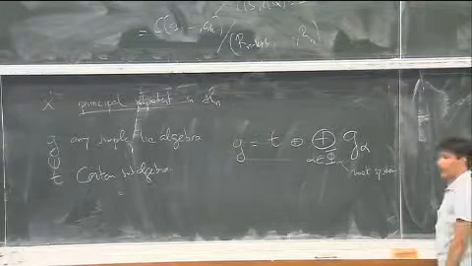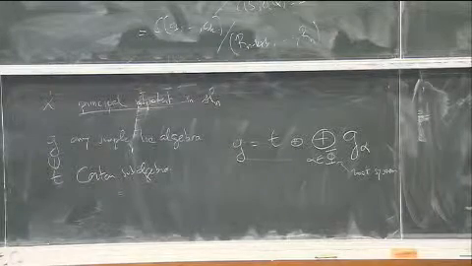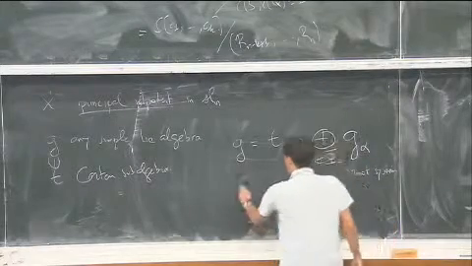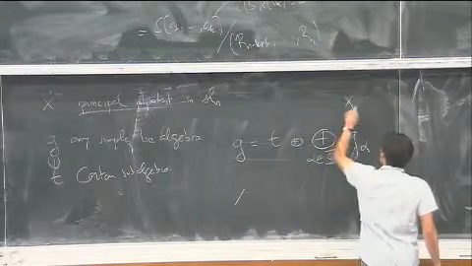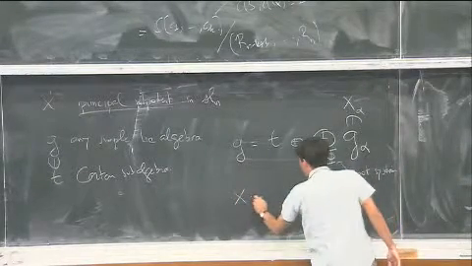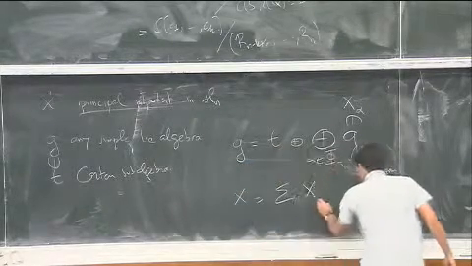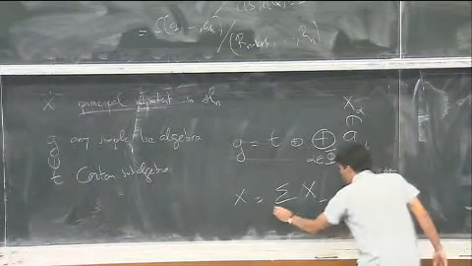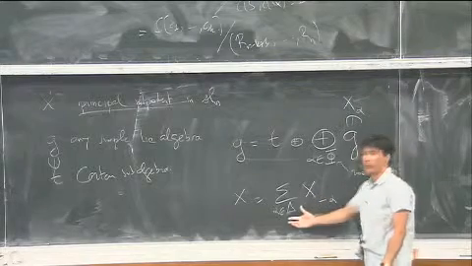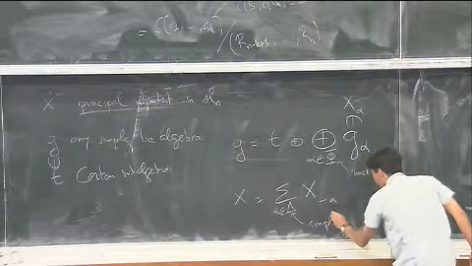Then you choose a half space of positive roots, and then you have the simple roots. You can choose some generators, and the generalization of this principal nilpotent is the sum of the root vectors corresponding to the simple roots. So delta is my set of simple roots.